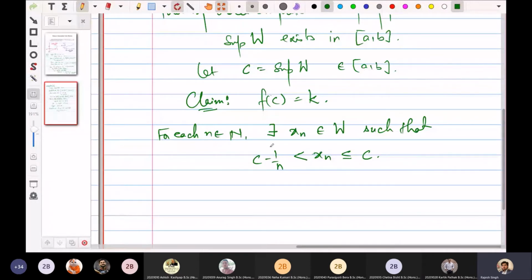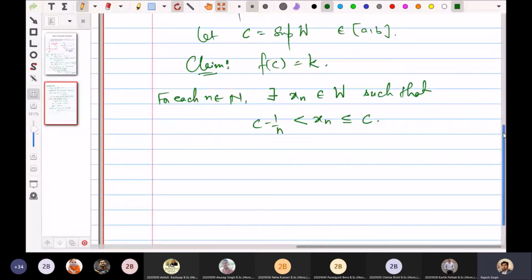So there exists some xn which is bigger than this, क्योंकि हर एक n के corresponding. So thus we have a sequence.